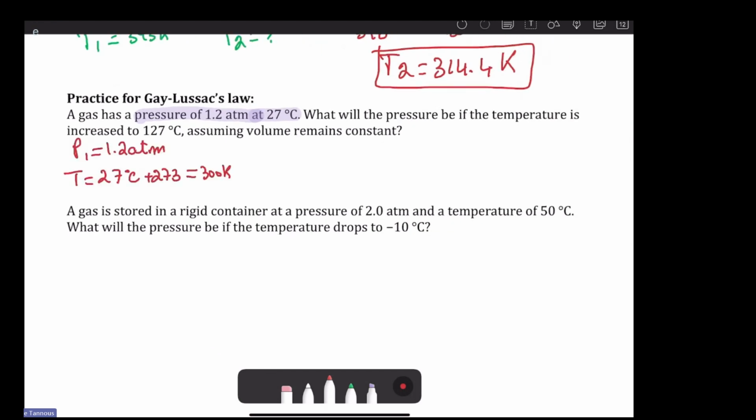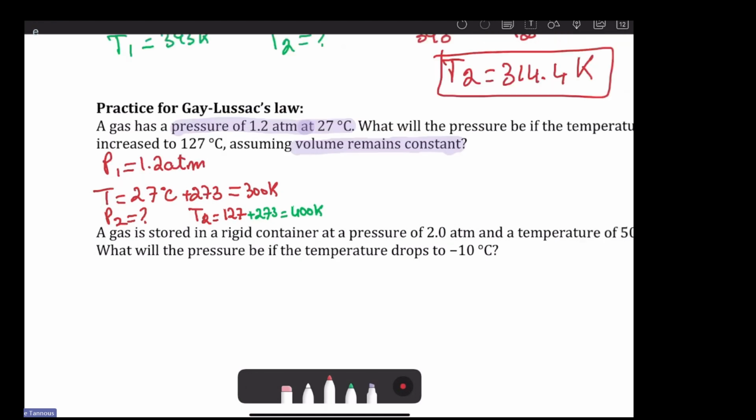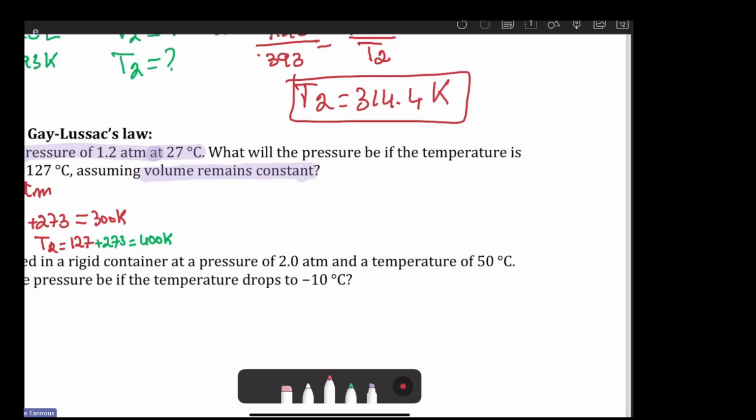What will be the pressure if the temperature increased to 127? You immediately add to it 273. So 127 plus 273, that's 400 Kelvin. Assuming volume constant.